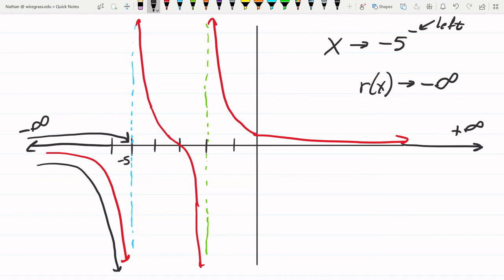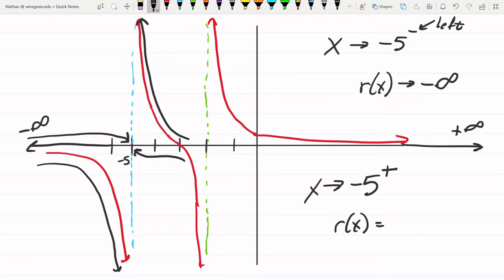So r of x goes to negative infinity. I can ask a similar question: as x approaches negative 5 from the right, the function r of x shoots up to positive infinity. So it goes to positive infinity.